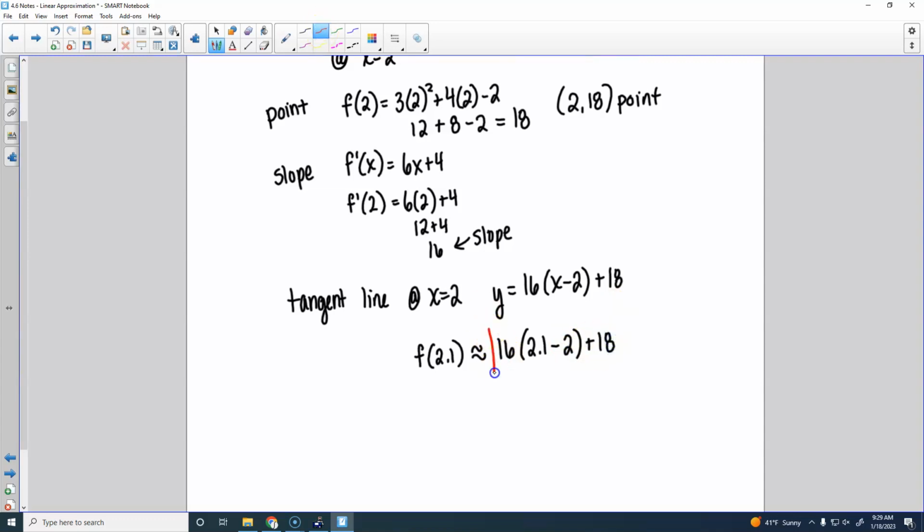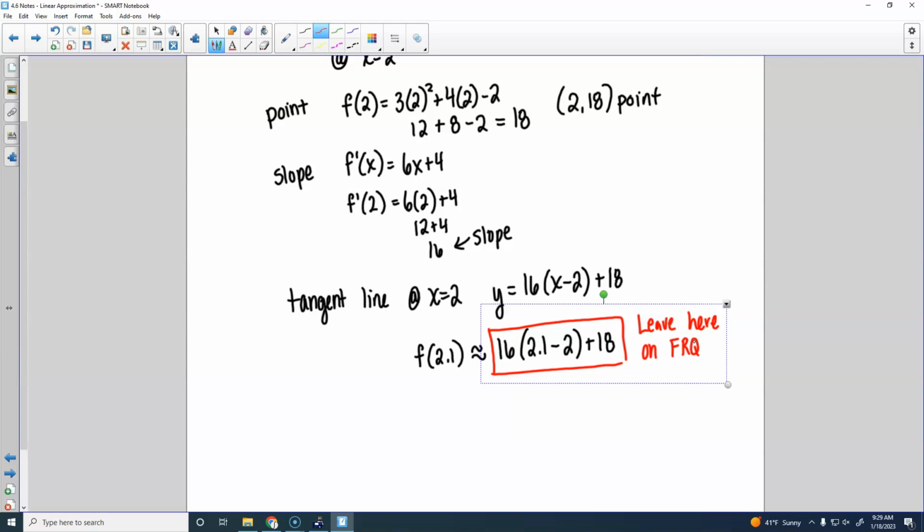So on an FRQ, you could stop here. As long as the only operations left for you to do are add, subtract, multiply, divide, exponents, you can just stop, right? So that could be it.